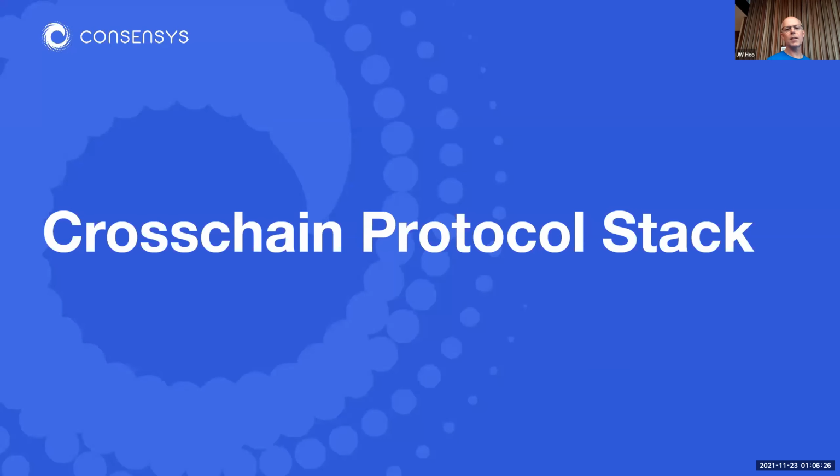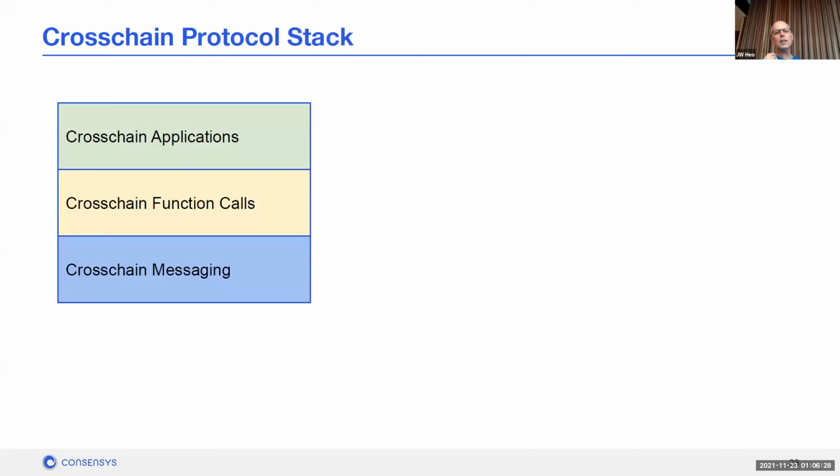So one thing that I've been working on quite a lot in recent months and year or 2 is the cross-chain protocol stack. There've been all these home-baked, if you will, protocols where people have just munged everything together.